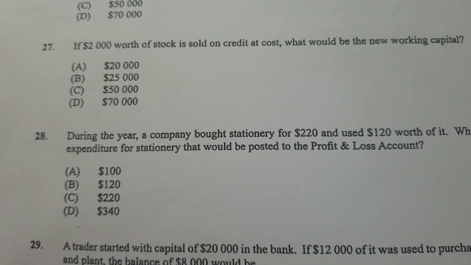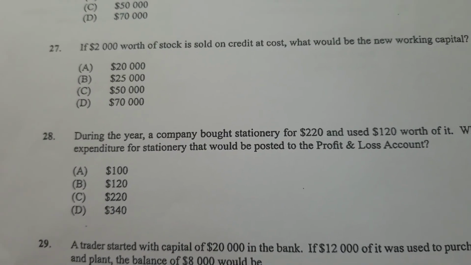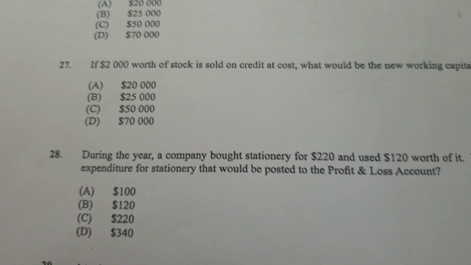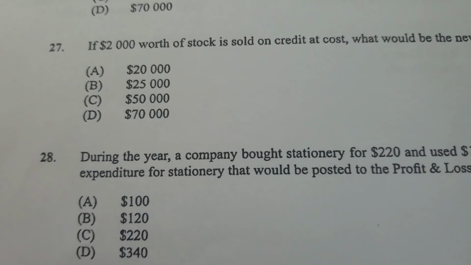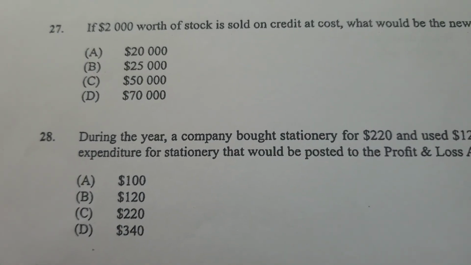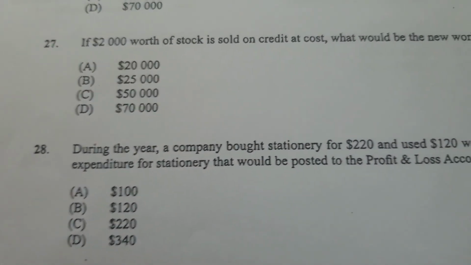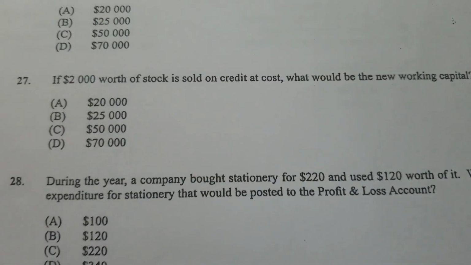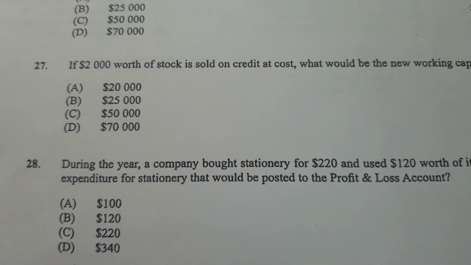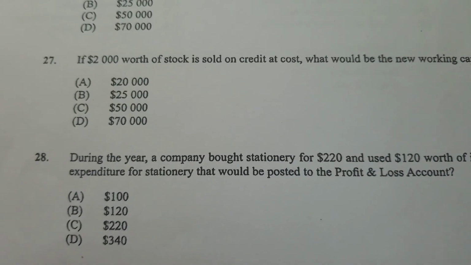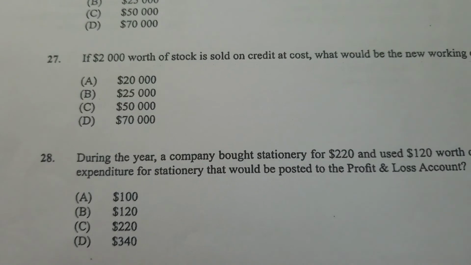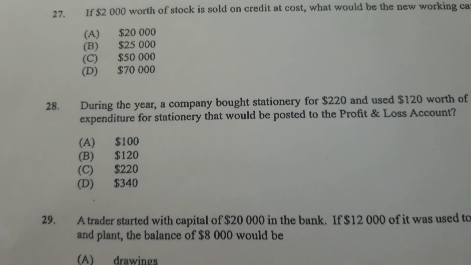Our answer is C, the $220. Why? Even though they have used up $120, the actual cost of the stationery is $220. So whatever cost is incurred in that period must be accounted for.